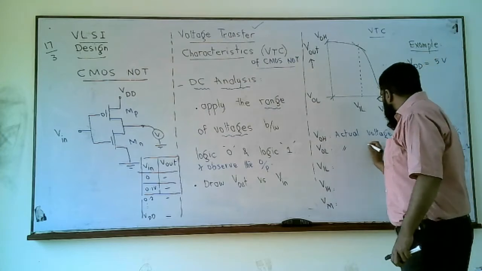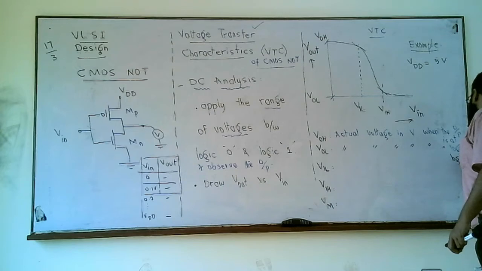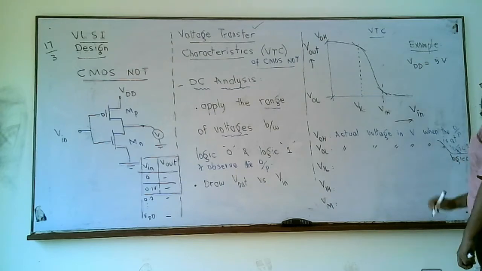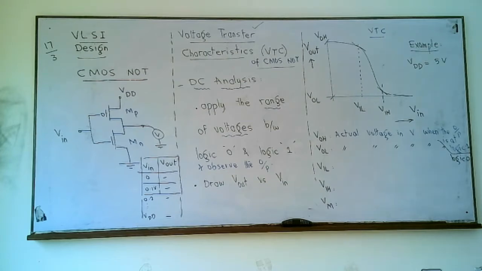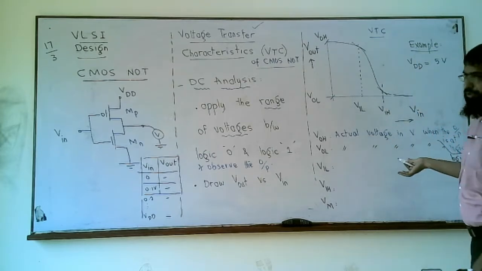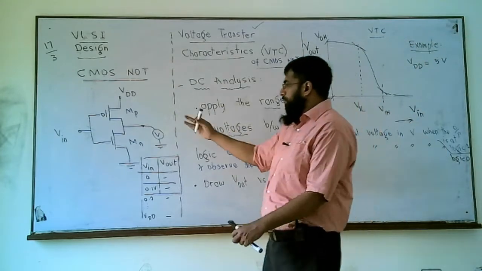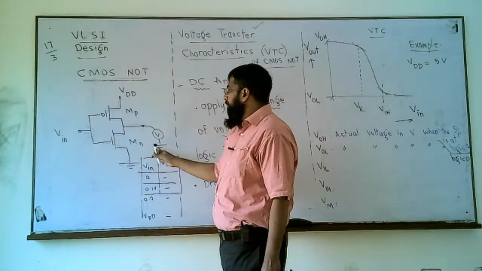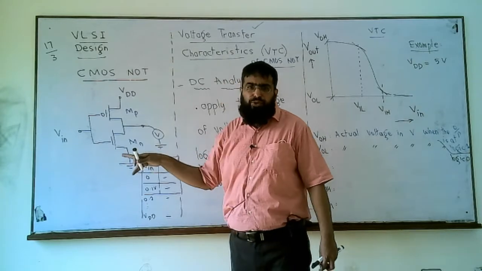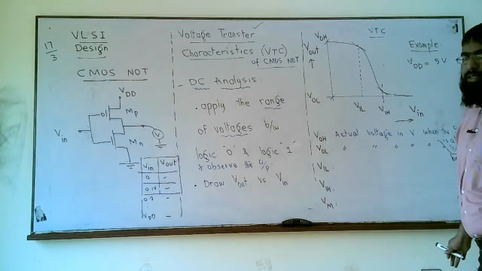VOL is the actual voltage in volts when the output is at logic 0. So if we are working in a system where logic 0 is 0 volts, and for a given circuit and a given input the logic 0 at the output is maybe 0.1 volt, we call it VOL is 0.1 volt, but it is logic 0.